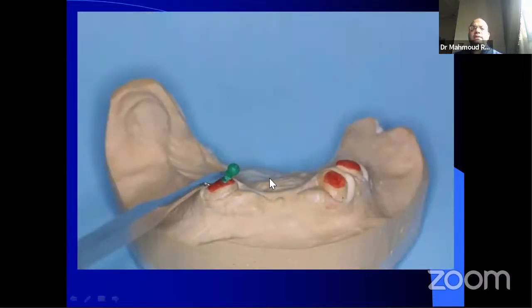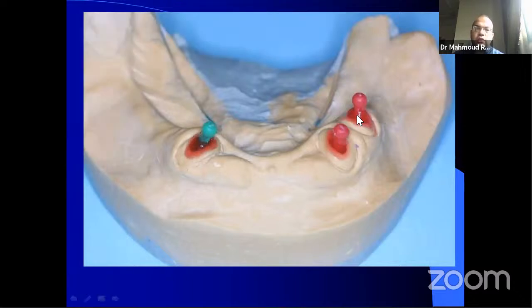Then, as we see here, the bowl is not parallel to each other. It has several different inclinations. This will cause severe wear to the female portion if we put them at this inclination.